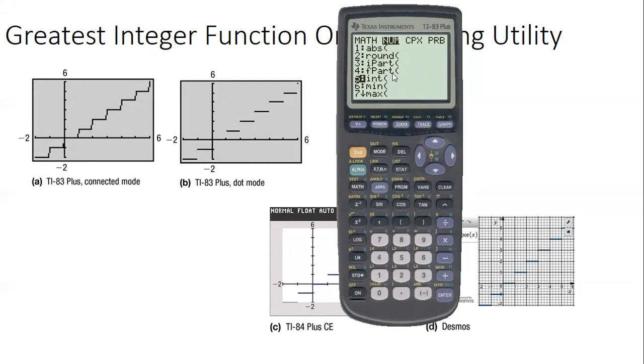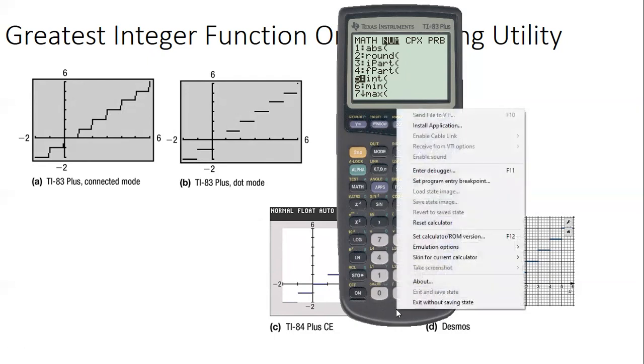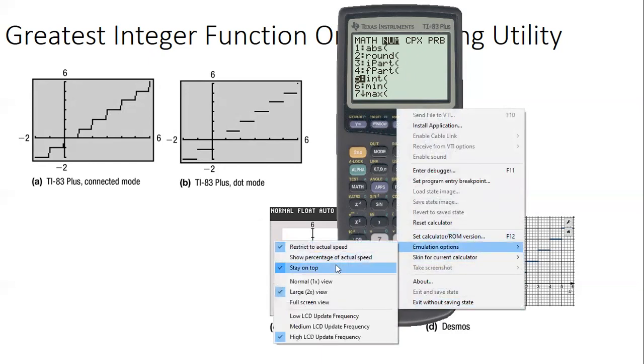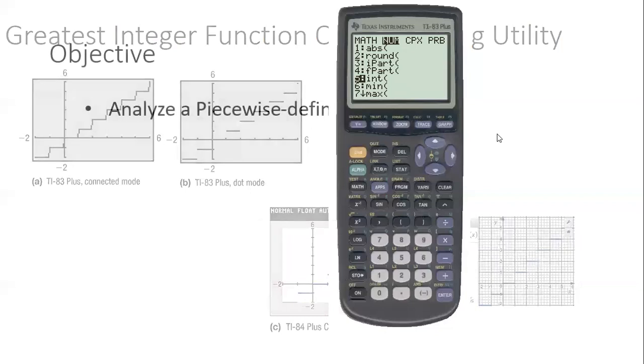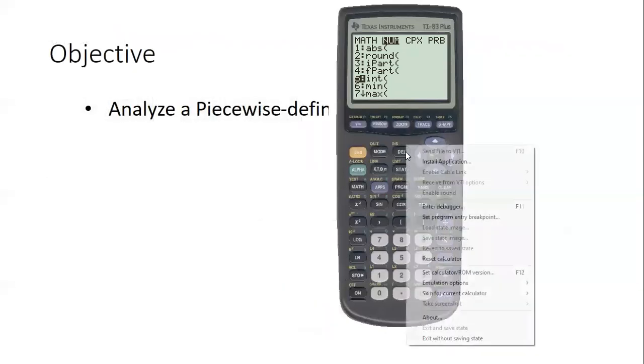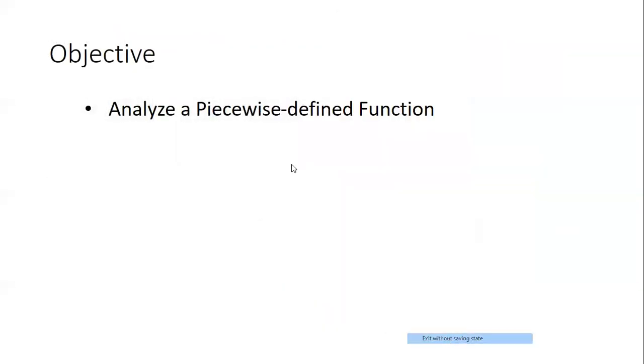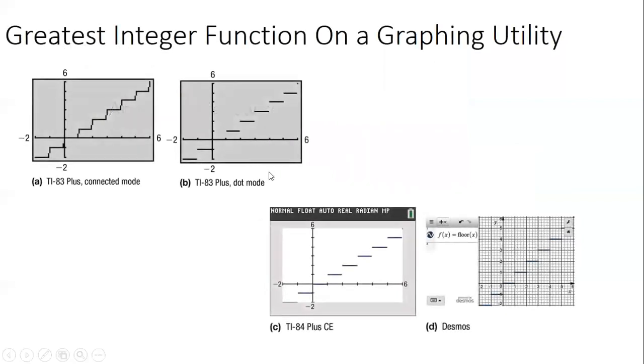Okay, as the calculators get updated, the number may change. That's why I say focus on what it is, not pressing a number, but looking for INT. All right, questions, comments, concerns? Okay. I need the calculator to go away. Go away. All right, moving on.